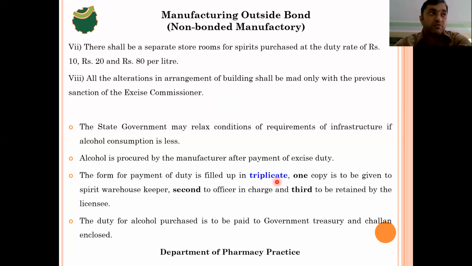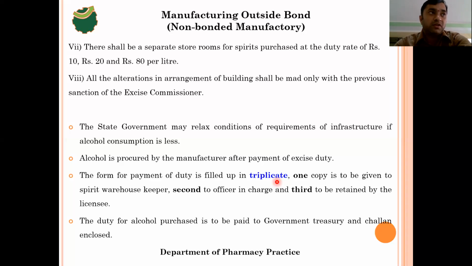And allopathic medicinal preparations containing alcohol with known active ingredients in their therapeutic quantities, capable of being consumed as ordinary alcoholic beverages, that is for 20 rupees. And other preparations which are capable of being consumed as ordinary beverages will be 80 rupees per liter.